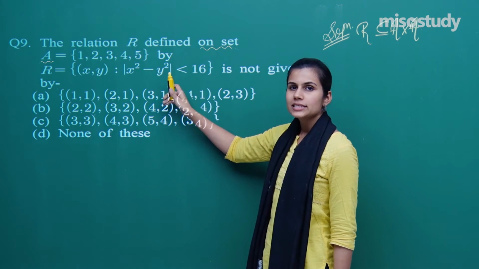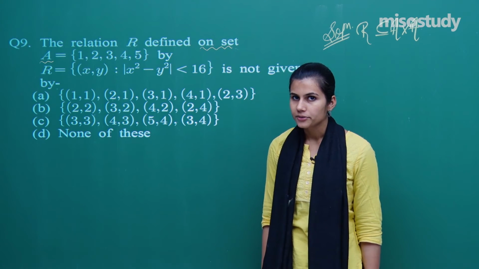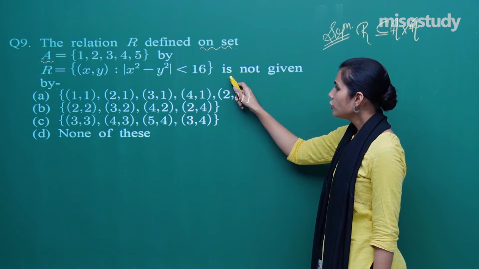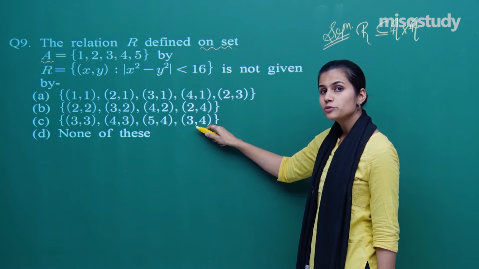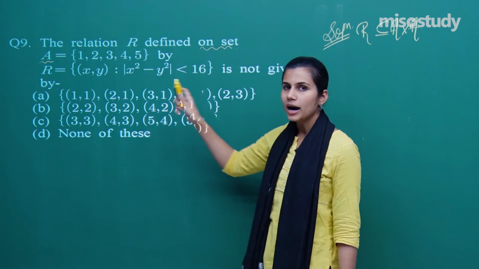Whichever ordered pair satisfies this, it is going to get an entry inside R. I have to verify which of the options are true. True on which basis? It is saying "is not given by."